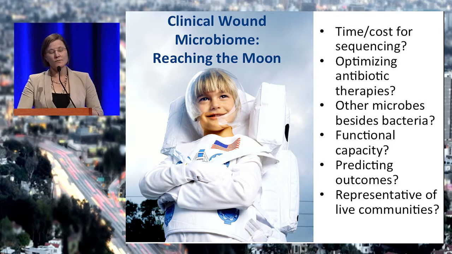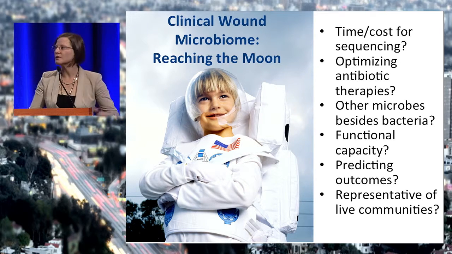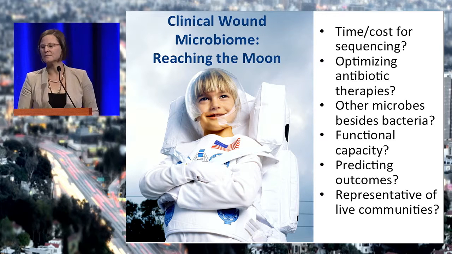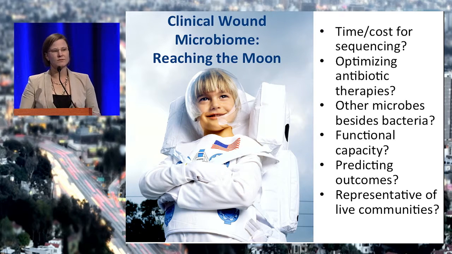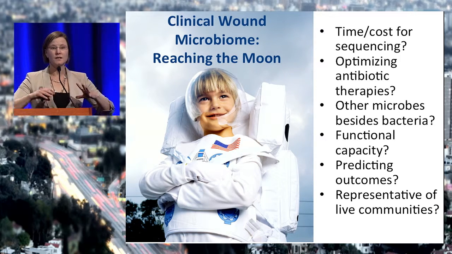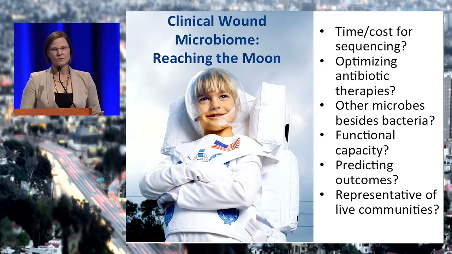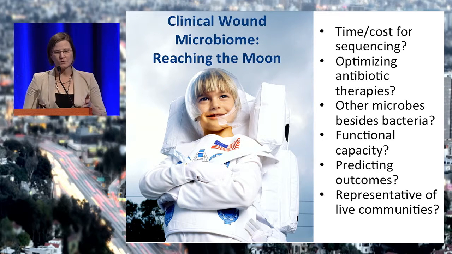And then, are we really able to use all of this wonderful, beautiful data to predict outcomes? And are they representative of the live DNA or live samples? One of the issues with DNA sequencing is that you sequence everything, live or dead. So we have to understand whether we can use appropriate sample prep methods that let us look at what the live organisms are in the sample.